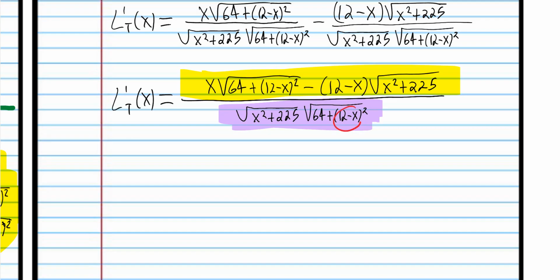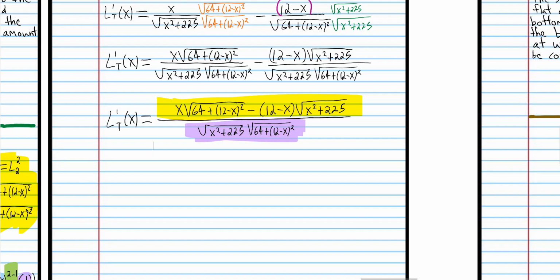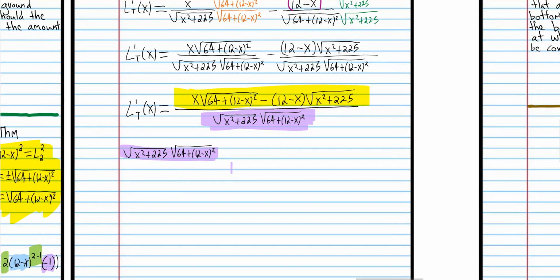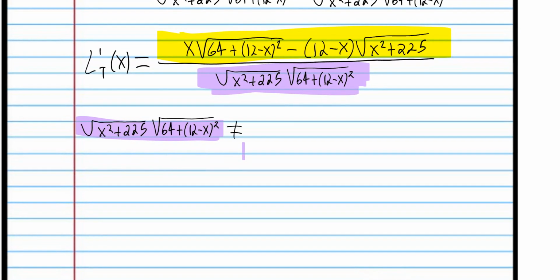So you can't add a positive number to a positive number and get 0. So you can't make the denominator equal to 0. It's not possible. So that denominator cannot be 0. So I'm going to write cannot be 0.